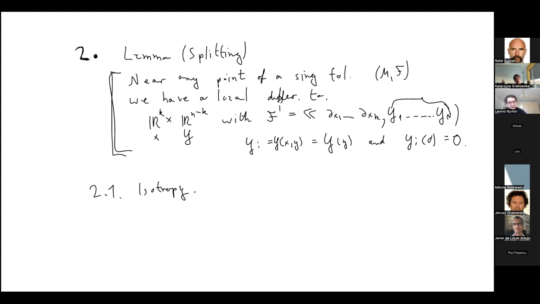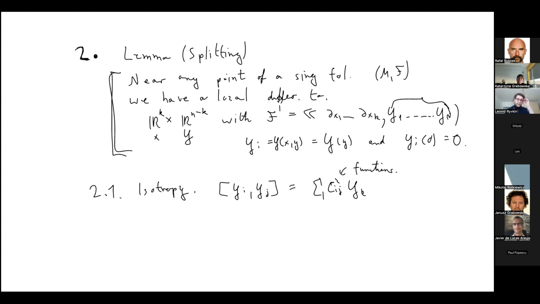And the foliation is locally finitely generated and involutive. Involutivity means that if we have y_i and y_j, the bracket has to be again in the foliation. So this will be some linear combination with some coefficients, which are functions of the y_k.